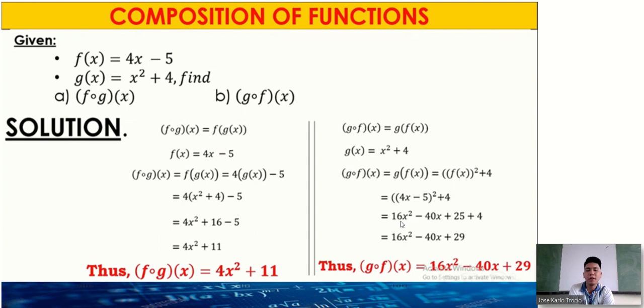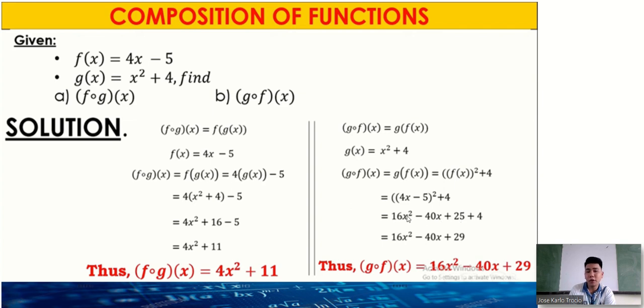Now you will have 16x squared minus 40x plus 25 plus 4. But yes, we're going to combine like terms first and simplify. So 4x minus 5 squared becomes 16x squared minus 40x plus 25.